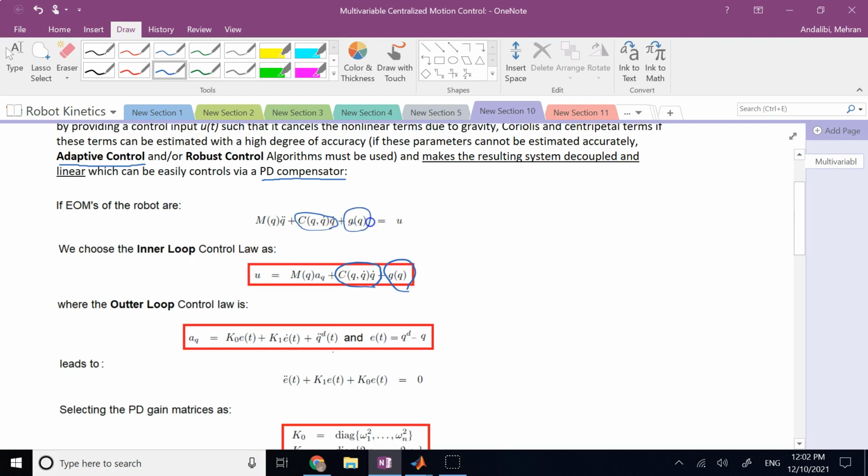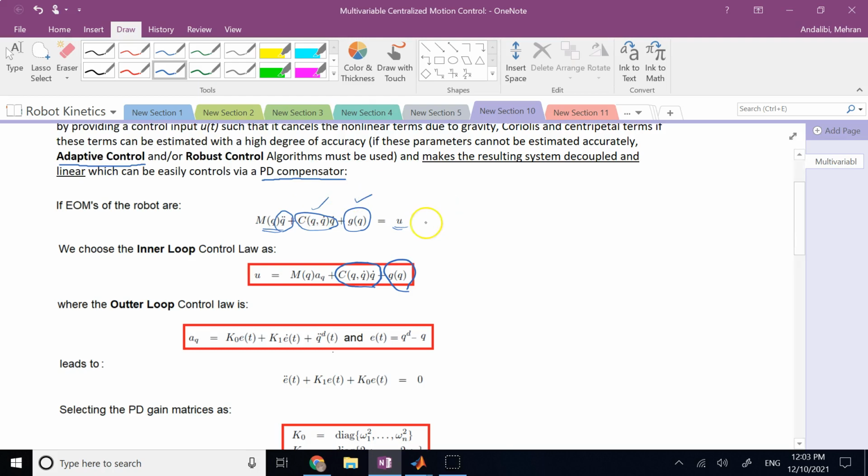If I did not have them, then my equation would be similar, not exactly, to a second order linear differential equation, but in this case it's going to be nonlinear because this M matrix is not constant, it's variable. But definitely my system would be a simple double integrator, where u divided by M gives me q double dot, or something very similar to that. But adding this C and G is what makes the control of the system a lot harder.